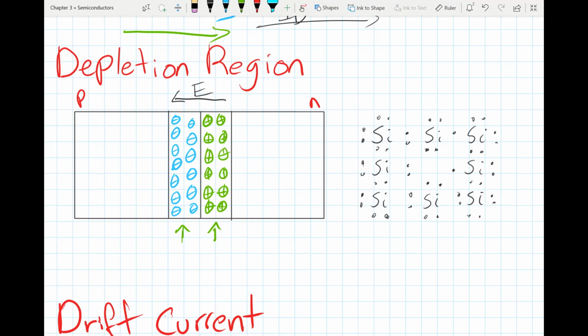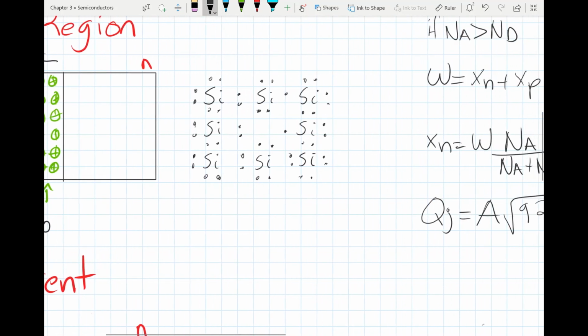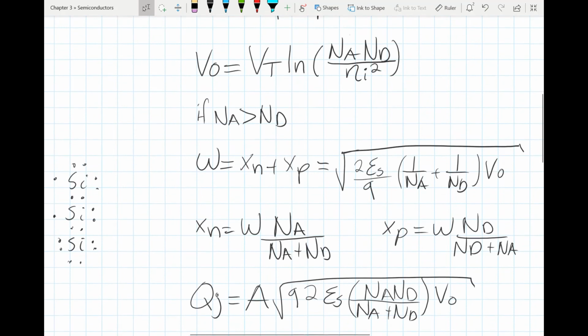Another thing we can see from here is that since we have positive on one side and negative on the other, we're basically creating a voltage. This voltage is called the built-in voltage, and we can see it in our formulas on the right.